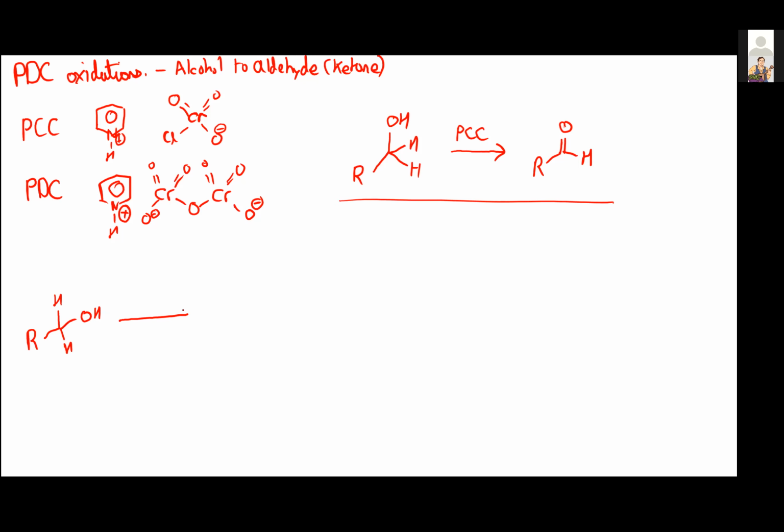This is going to react with PCC. I'm going to protonate the chromium, and it's going to temporarily grab a hydrogen from the pyridine that is next to it. Normally you do this in an aprotic solvent, and we'll talk about why it's aprotic. Dichloromethane is great.